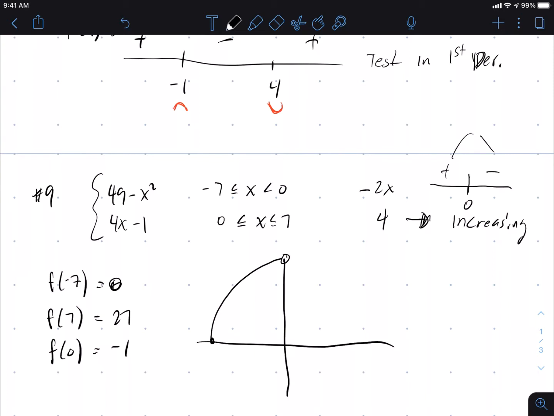And then at 0, it's -1, a closed circle, and it's going to be strictly increasing to, at 7, this value is going to be 27. Agree? This value here is 49. This is -1. So, based off of these things, do we have an absolute maximum?